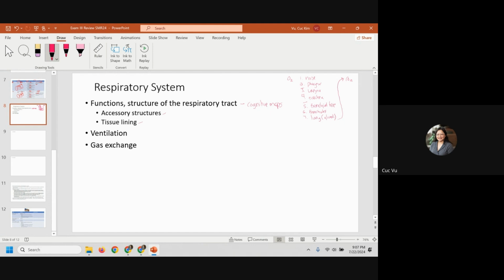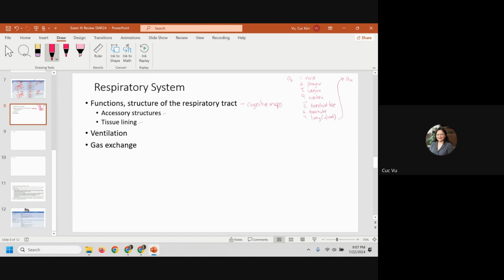If it allows for both air and food and beverage, it's going to be lined differently. So in that case, it would be lined with what? Stratified squamous epithelium. Perfect. Exactly. So it should be less of a memorization and it just should make more sense.